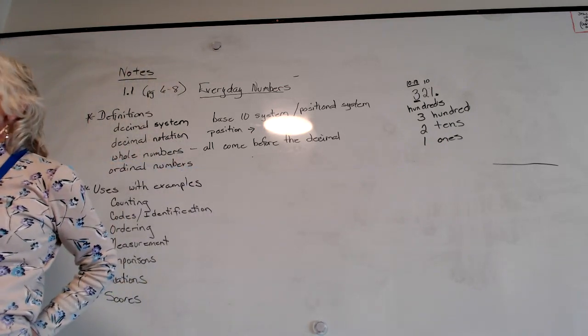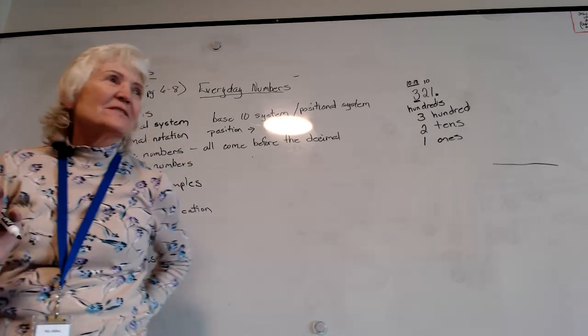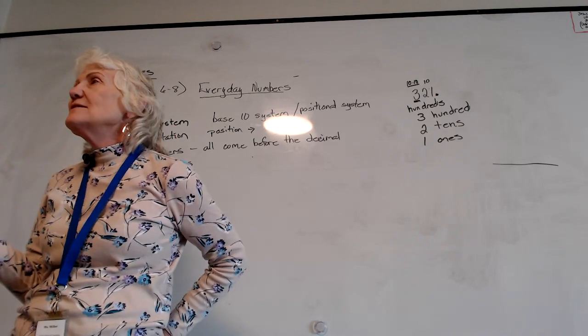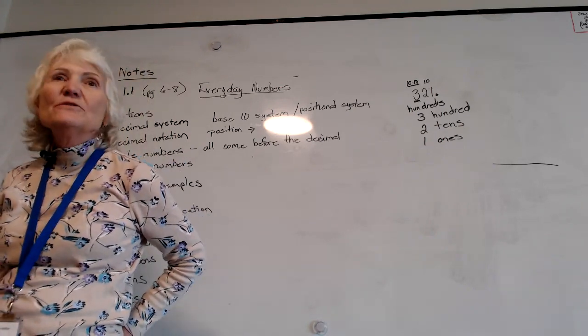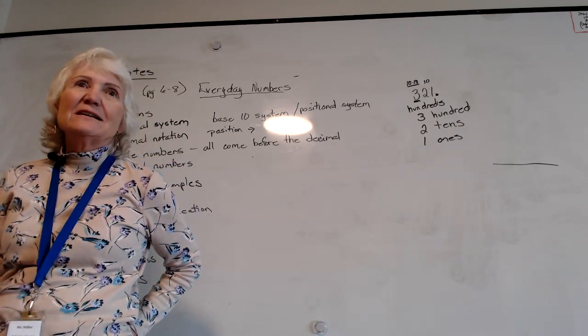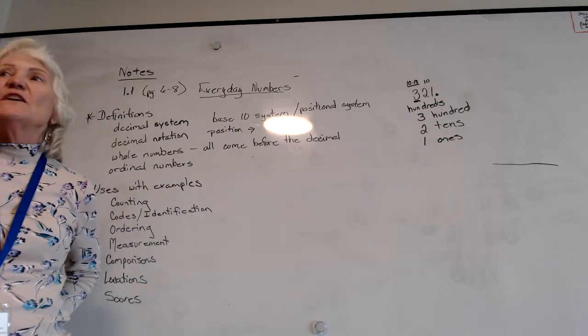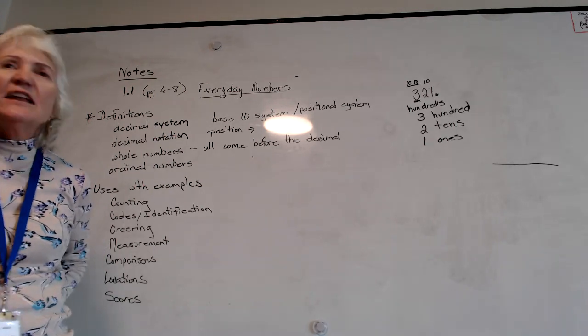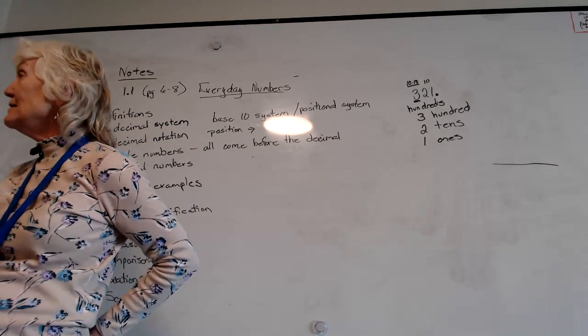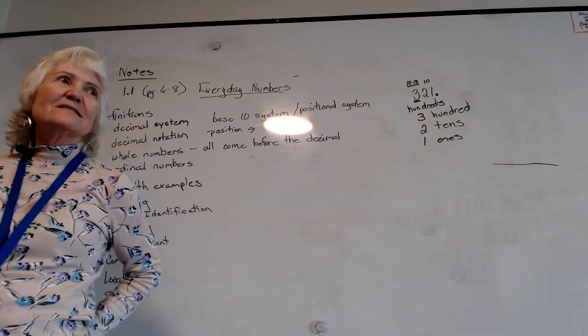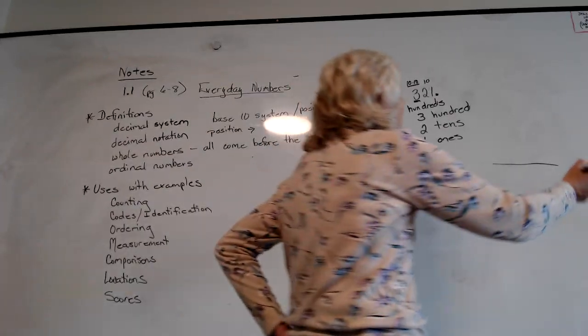Quintillions just means 5 of those. In Europe, it's a different word. We don't use the same word in the other country. Okay. Also in Europe, it's very interesting. They don't use a decimal point. They use the decimal system, but they write it like this.